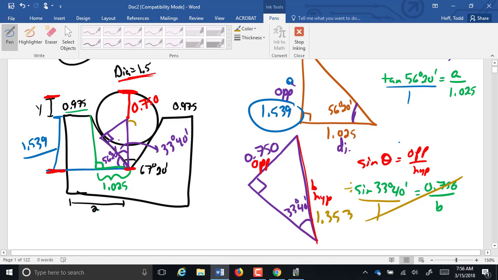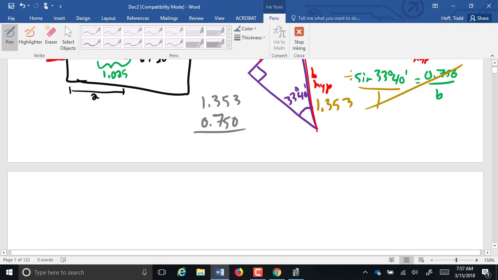So this is 1.353. So that total height from here up to there, 1.353 plus 0.750, is 2.103, right?